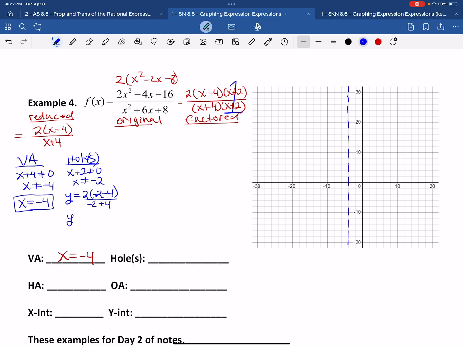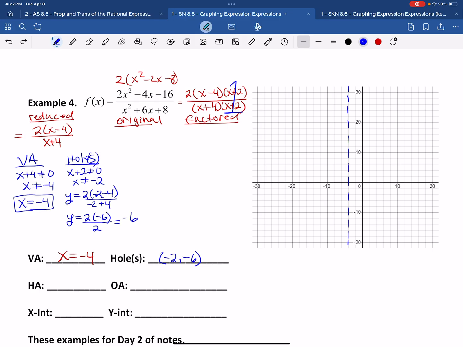So this is going to be y equals 2 times negative 6 over 2. So this is going to be negative 6. So the hole then is going to be at negative 2, negative 6. So negative 2, negative 6, right there is the hole.